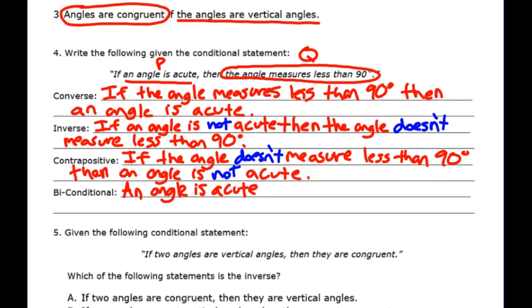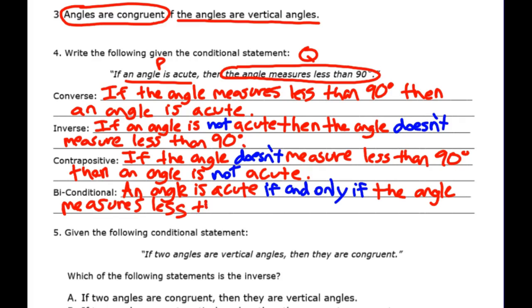And then what comes next? If and only if. You've got to know that phrase for biconditional. Both the conditional and the converse are true. So my conclusion here, the angle measures less than 90 degrees.